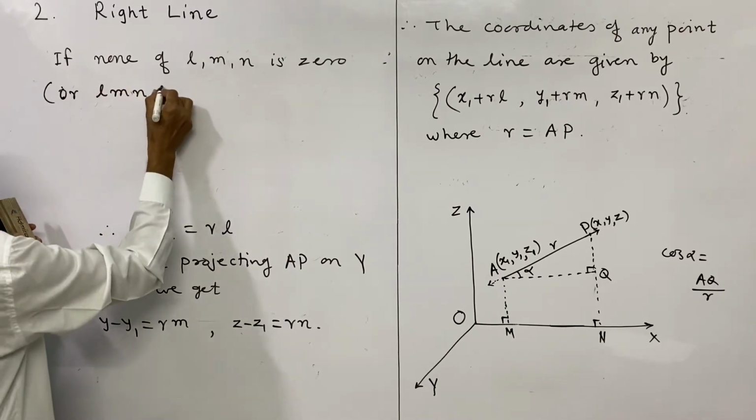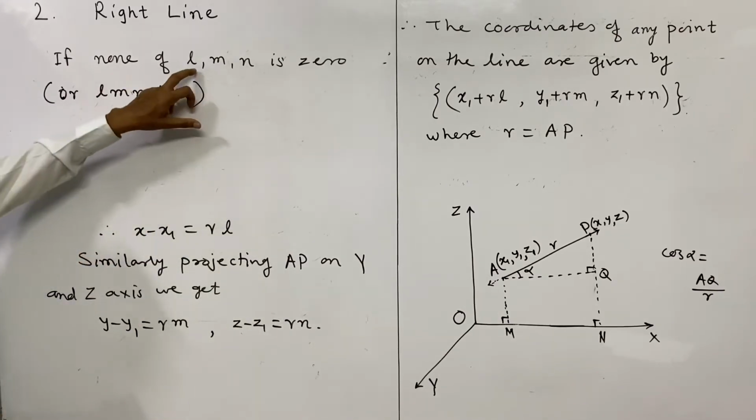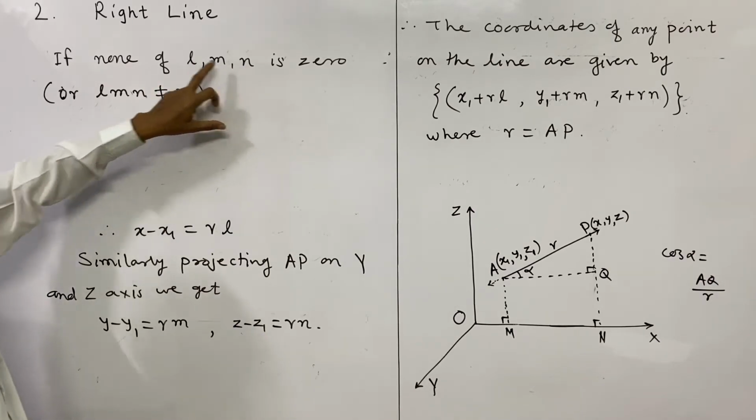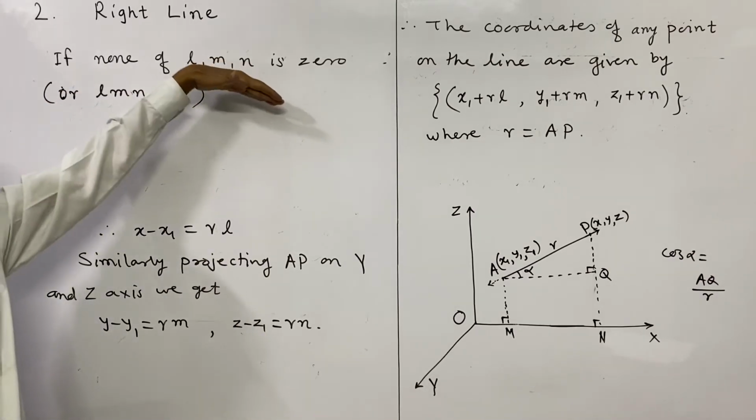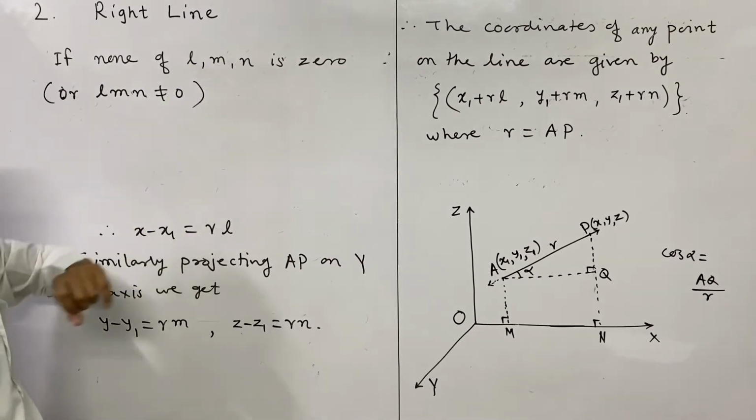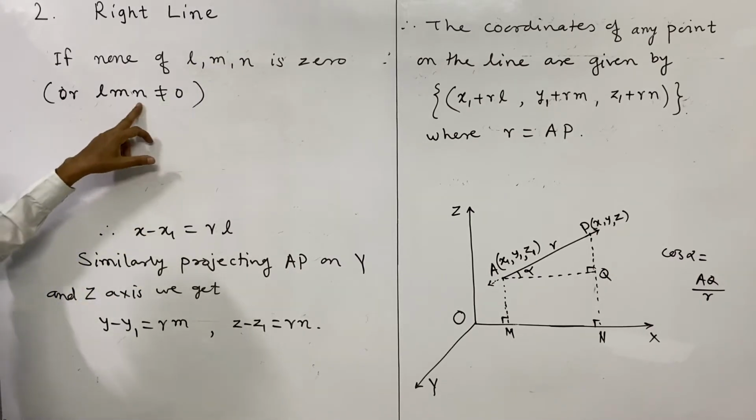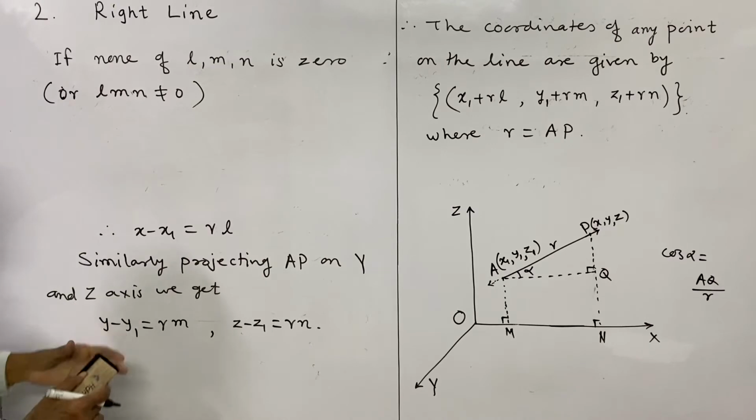So this must not be 0, and that means l is not 0, m is not 0, n is not 0. None of these is 0, and if none of them is 0, the product is non-zero.